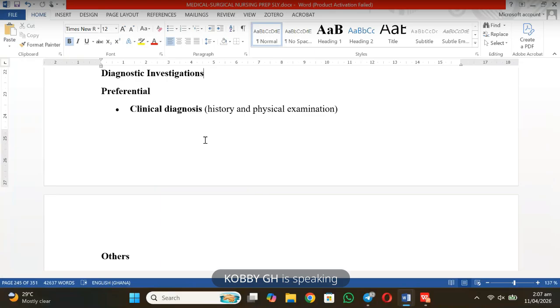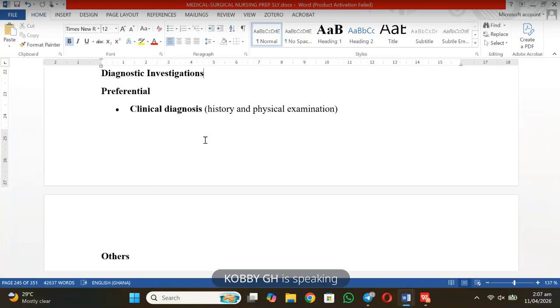When it comes to the integumentary system conditions, usually when we are diagnosing, we do what we call clinical diagnosis, not diagnostic test. Let me take you back again. When it comes to integumentary system conditions, usually the preferential one is the clinical diagnosis.